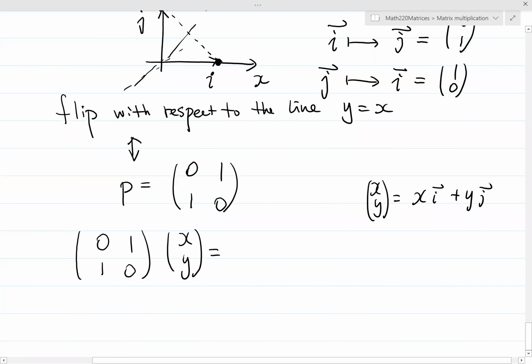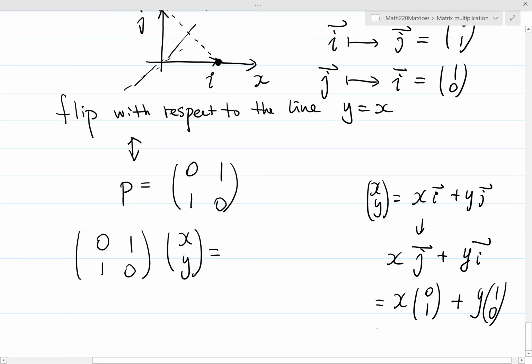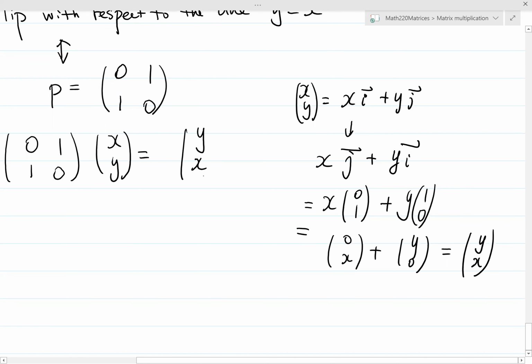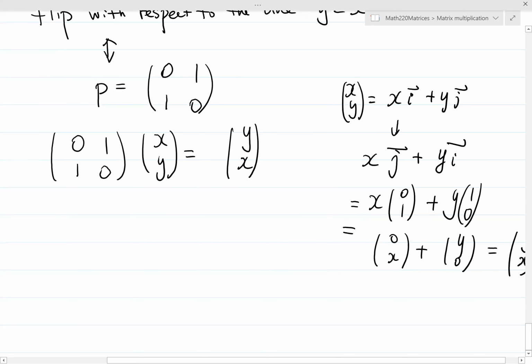I goes to J, J goes to I. So J is 0, 1 and I is 1, 0. Putting this together, this will be 0x and y0. Adding them together component-wise, we get yx. You see exactly this flips the first component with the second component. Flip xy, we get yx.